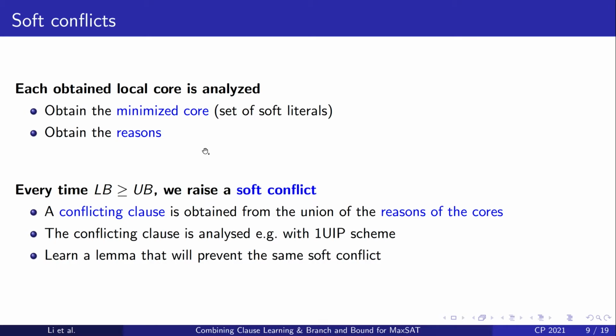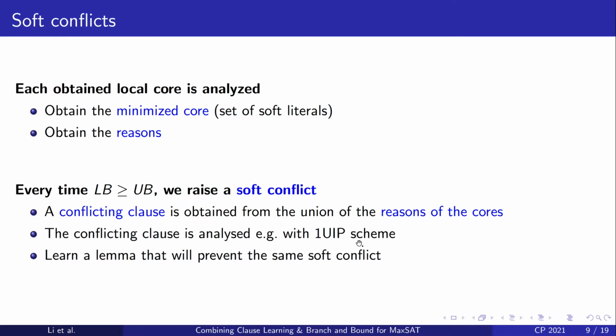We will compute many local cores, and every time we detect that the lower bound reaches the upper bound, we will raise what we call a soft conflict. In this case we will obtain a clause that is implied by the hard clauses and by this upper bound that we have, and this clause will be falsified by the current partial assignment.